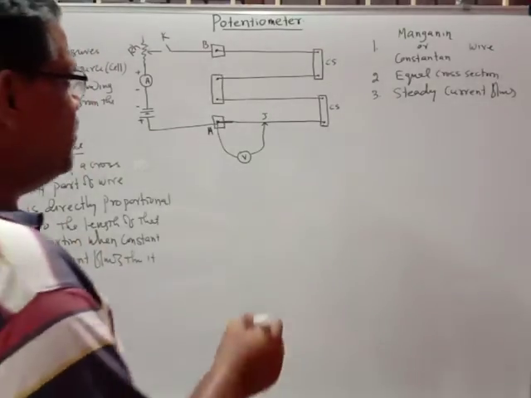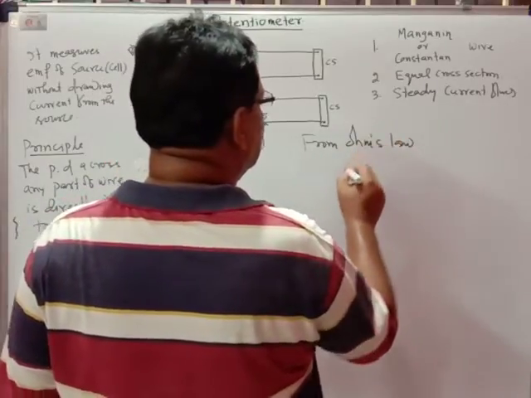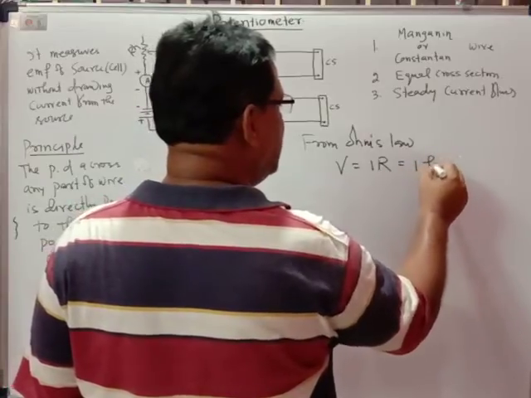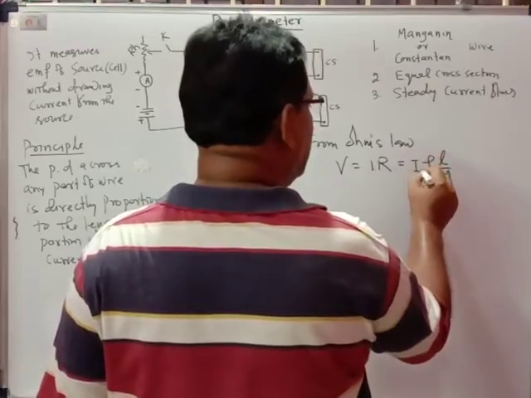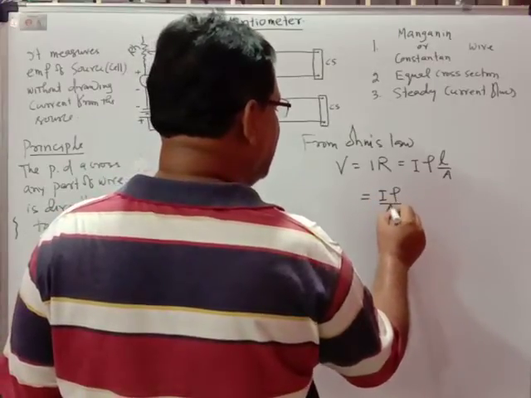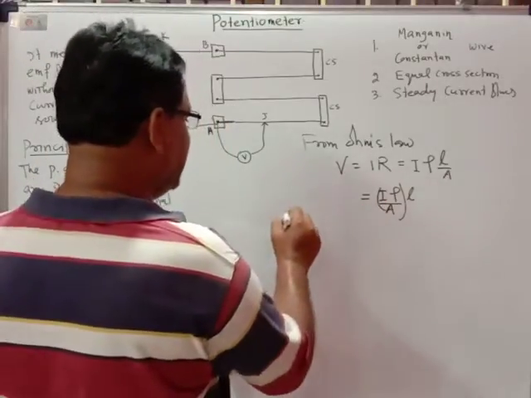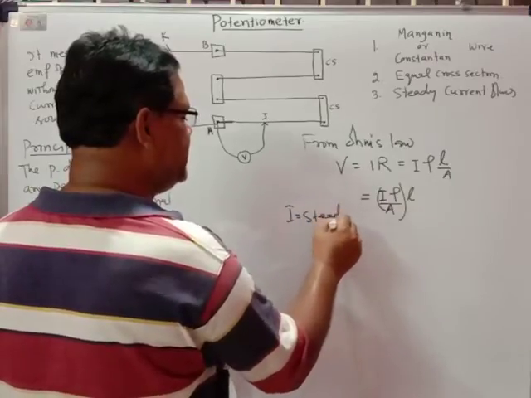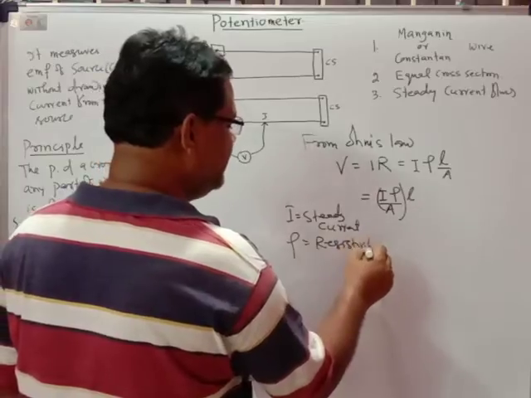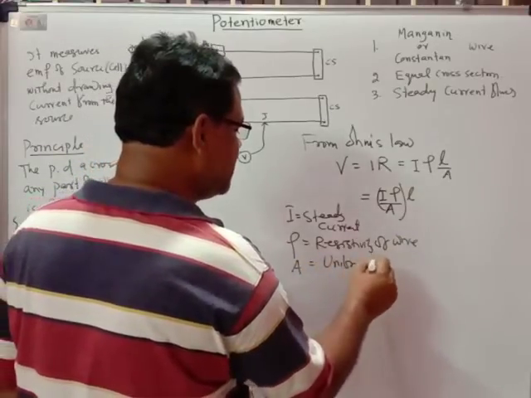From Ohm's law, you know V equals I into R, and R equals rho L upon A, so V equals I rho L upon A. Here I is the steady current, rho is the resistivity of the wire, and A is the uniform cross-sectional area.